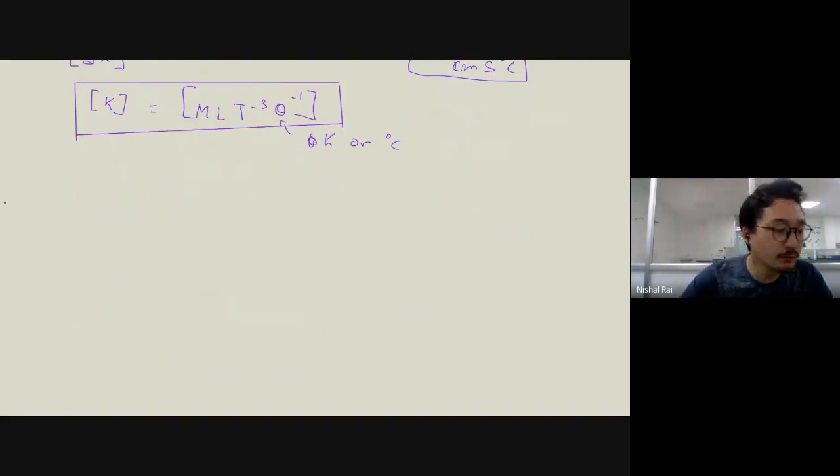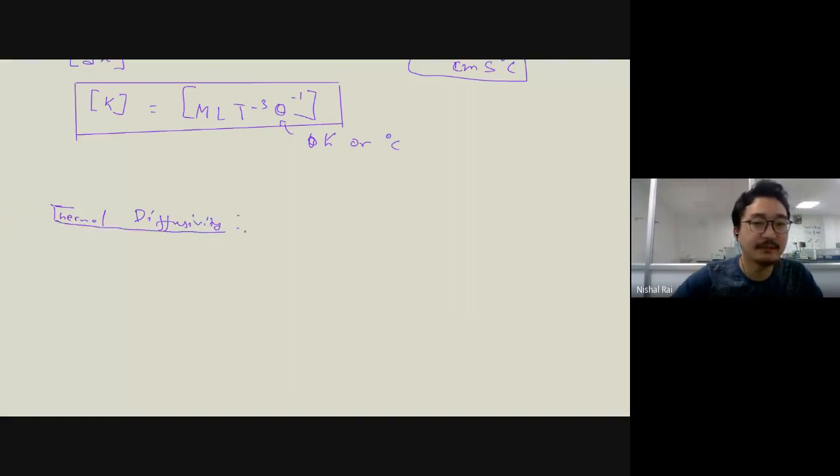And next we are going to do what? Thermal diffusivity. Clear? Thermal diffusivity. This is basically defined as a ratio of what? Thermal conductivity by thermal capacity.